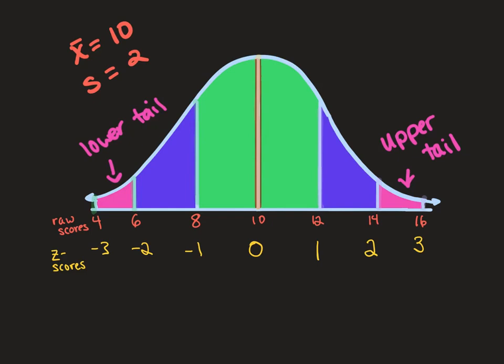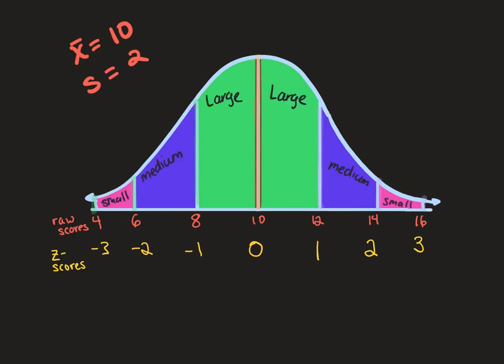When we're looking at areas getting closer and closer to the mean, the size of the shaded portions is getting larger and larger. The area of the curve corresponds to the probability of scores.